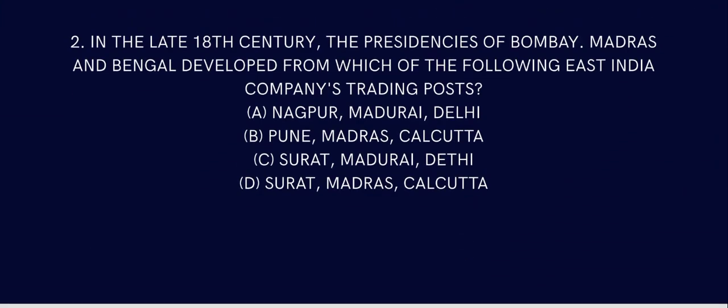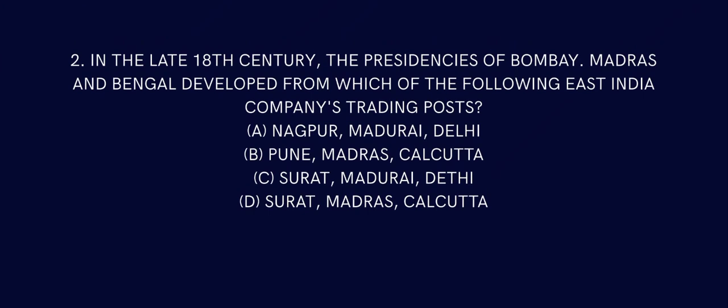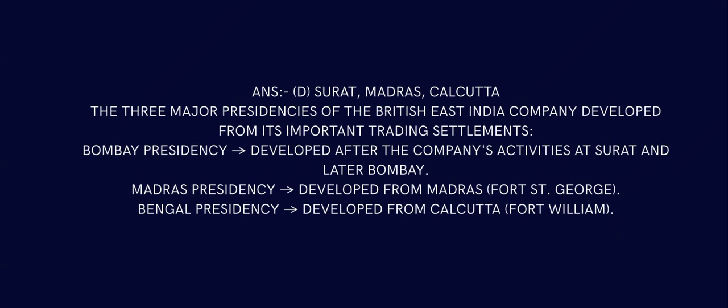Question number 2: In the late 18th century, the presidencies of Bombay, Madras, and Bengal developed from which of the following East India Company trading posts? Options: Nagpur, Madurai, Delhi; Pune, Madras, Calcutta; Surat, Madurai, Delhi; or Surat, Madras, Calcutta. The answer is Surat, Madras, and Calcutta.